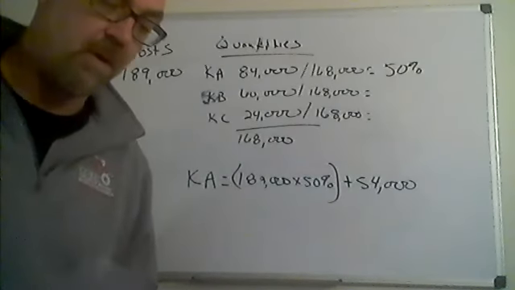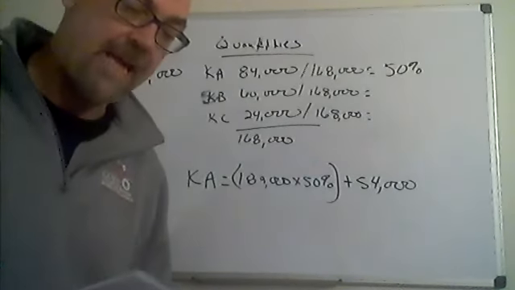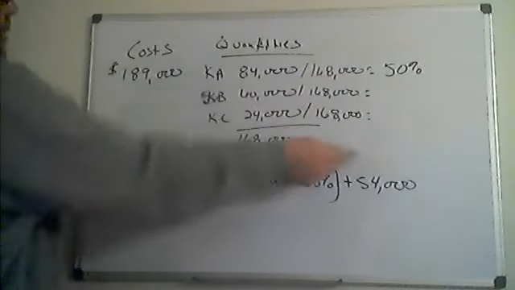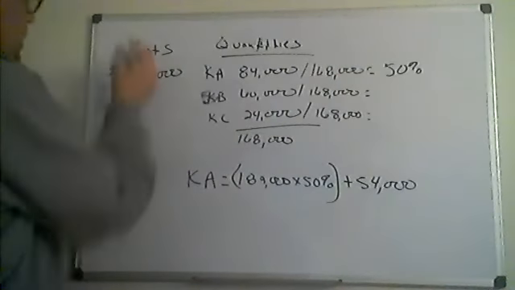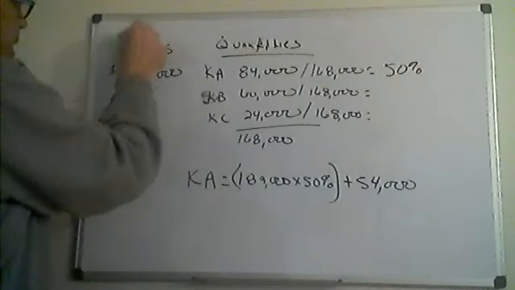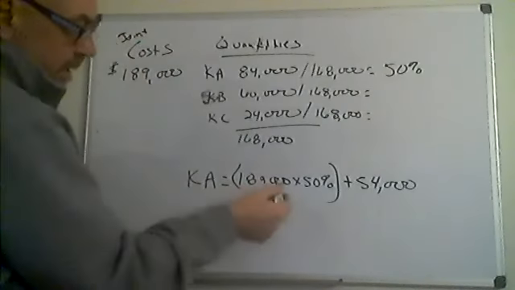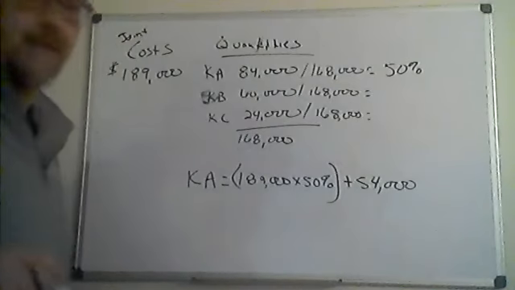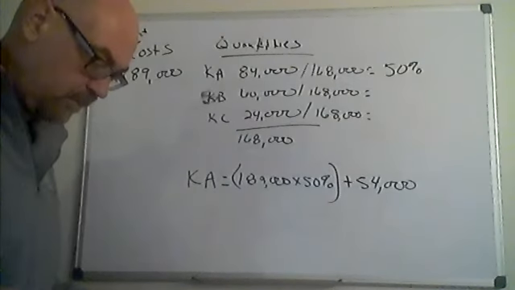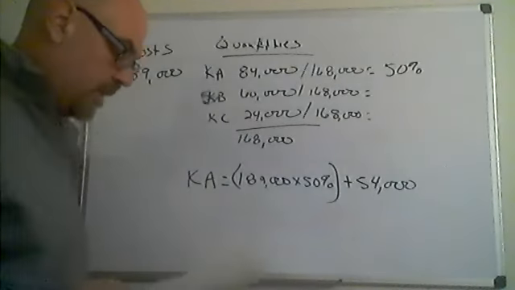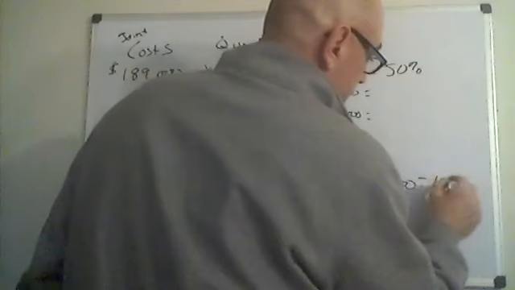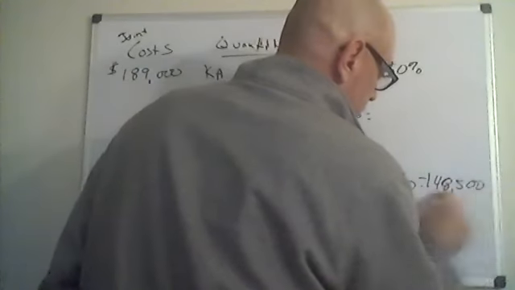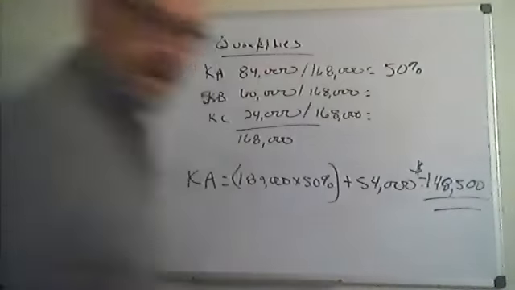So it's asking what is the total cost of product Ka, including the 54,000 to process further. So it's going to get 50% of the joint costs. That's what we were allocating here. So we allocate 50% of the joint cost, and then we add the $54,000 onto it. Okay, and that is going to make your total product cost $148,500.